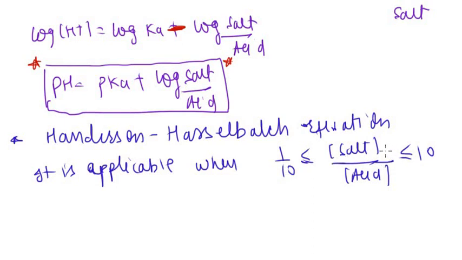That is called the Henderson-Hasselbalch equation. Now, why is it important? Because the acid and salt concentration should not be allowed to differ too much. We should not have that much amount of acid and put in that little amount of salt, or that much amount of salt and put in that little amount of acid. The ratio should not vary beyond 1/10 to 10 to 1.